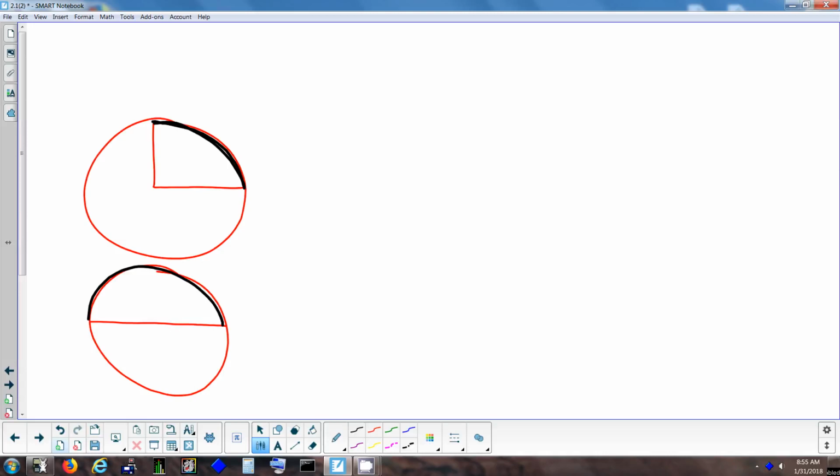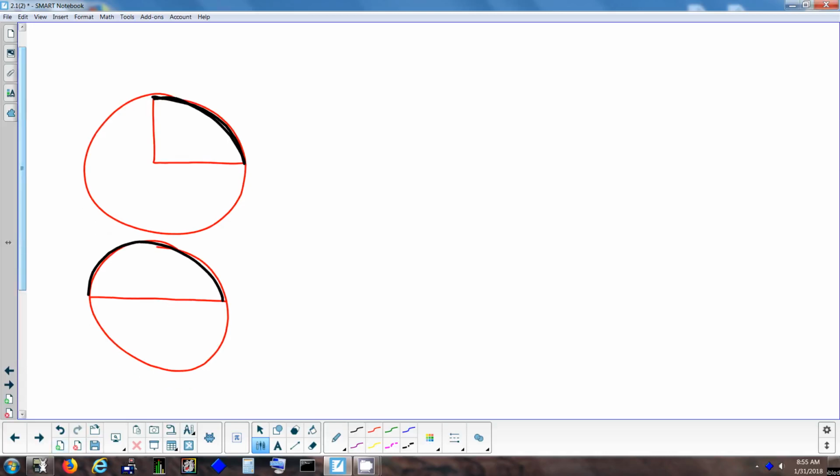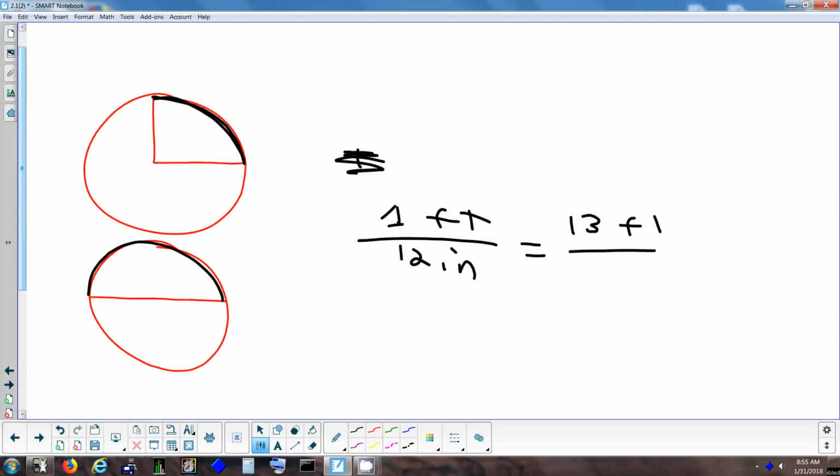Because they are proportional, that means we can set up a proportion. That means if we knew a fact to start with, just as an example, 1 foot is to 12 inches, now I could make something up like how many inches in 13 feet.